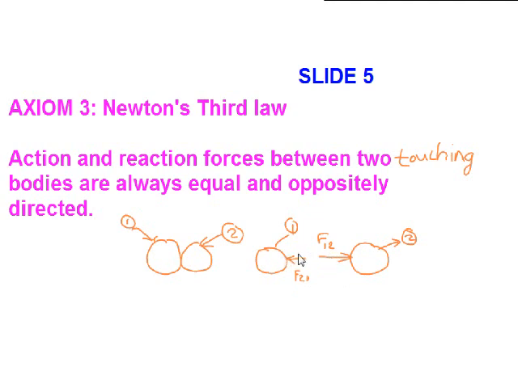You can see that these are oppositely directed, and according to Newton's third law, F12 equals F21 in magnitude. So safely we can just call this F and F here. We need to keep this in mind. Whenever two bodies are in touch, if one body exerts a force F, the other body will exert a force F. One is what we call action, the other is reaction.